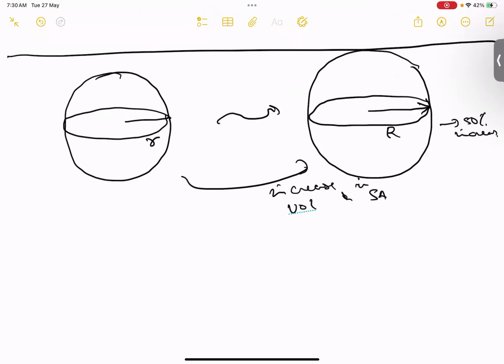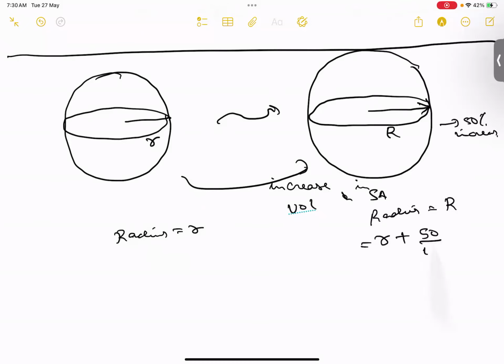Now in the original sphere, we'll consider the radius as r. In the new sphere, okay, but the radius has been increased by 50%, which means it has been r plus increased by 50%.